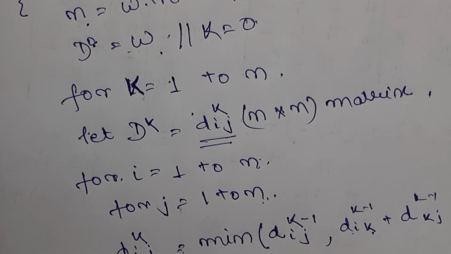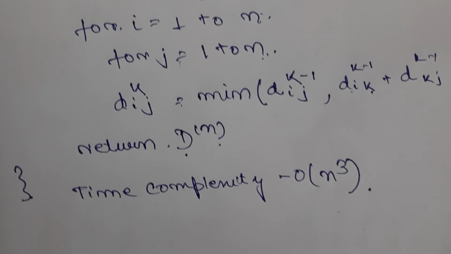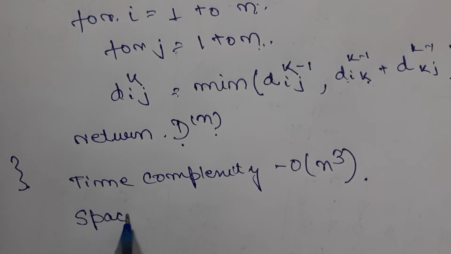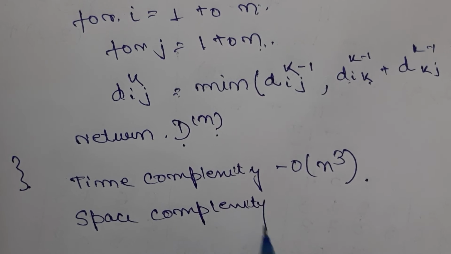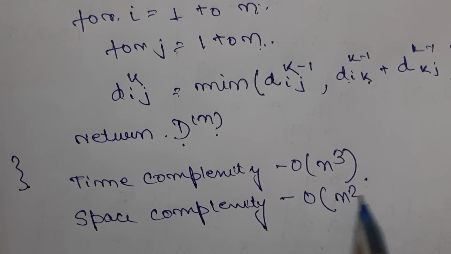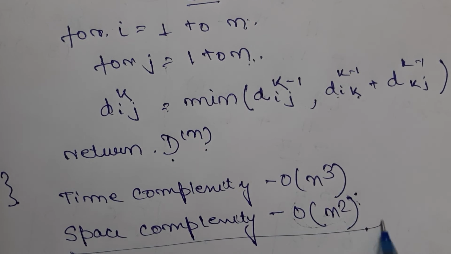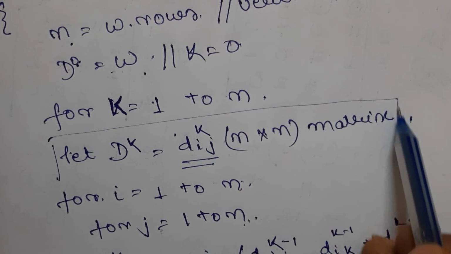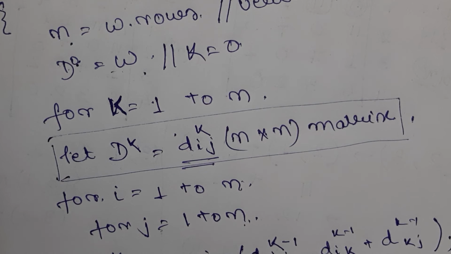As we have seen, for solving one matrix we need another matrix, so the space complexity at one time is order of n square, because we need a 2D matrix. Now why does this order of n square occur? Why does the space complexity get increased? It increases because for every kth value we are creating one matrix.